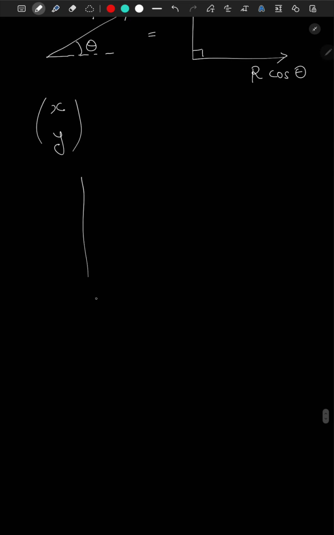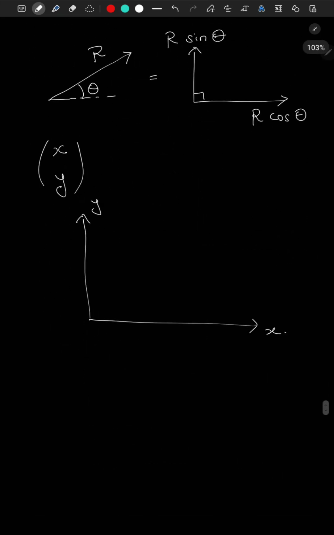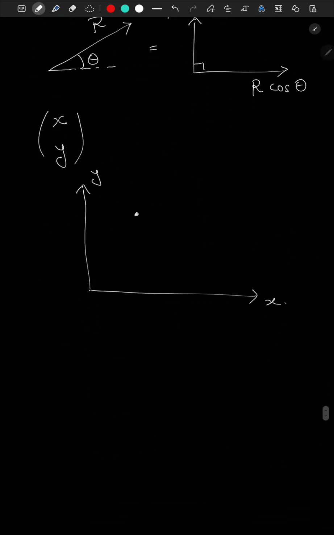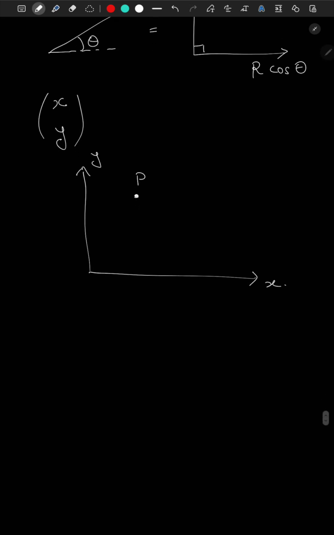So let's suppose we have a vector over here at point P, and from point P it goes to point Q, another point over here. Let's suppose this is a boat.